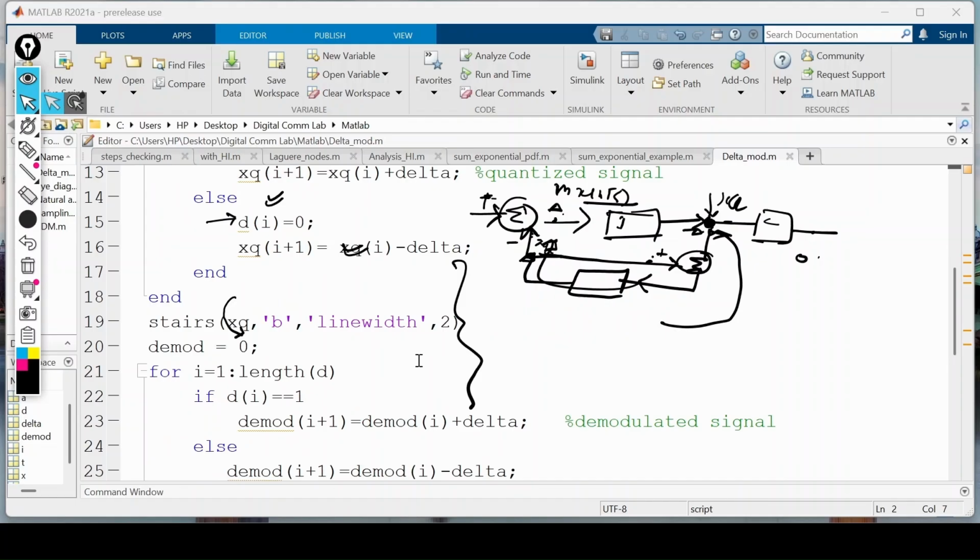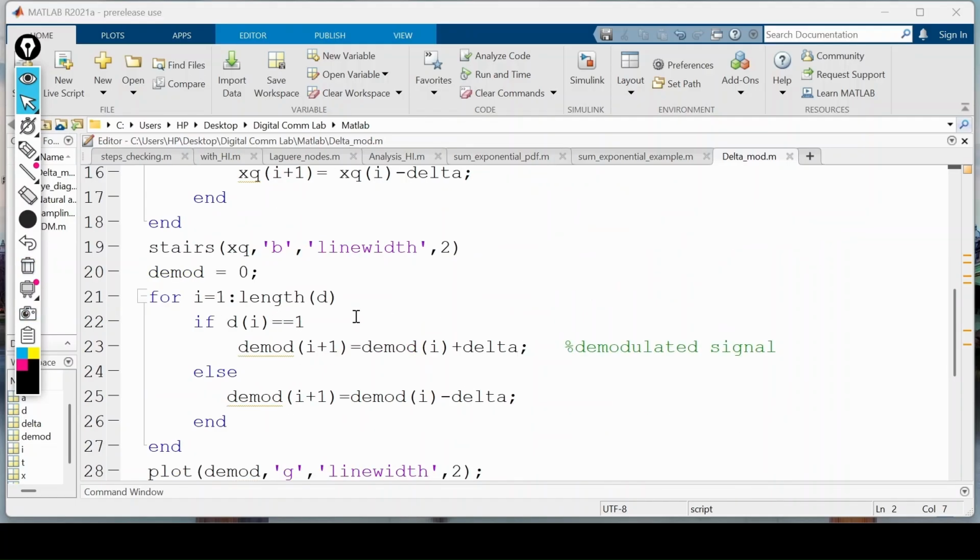Let's go to the demodulation. So I have plotted the stairs. Stairs means the output is plotted like this.